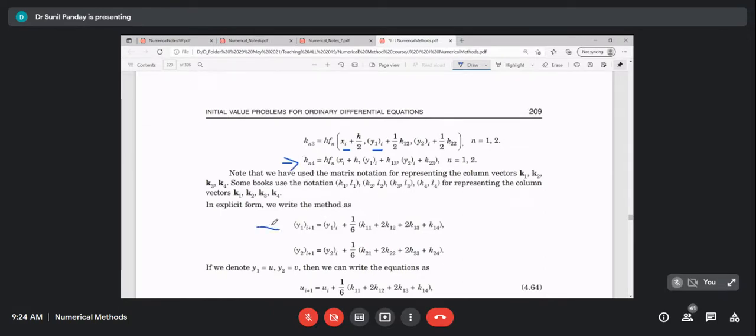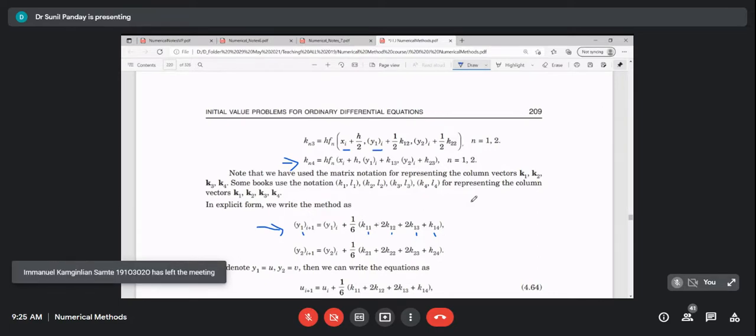And then the value of the first variable at the next point, y1 at xi plus 1, is given by y1 at i plus 1 by 6 (k11 plus 2 k12 plus 2 k13 plus k14). Here the first index corresponds to the variable y1, and the rest is the same as when we have one dependent variable and one independent variable, where we have 1 by 6 (k1 plus 2 k2 plus 2 k3 plus k4).